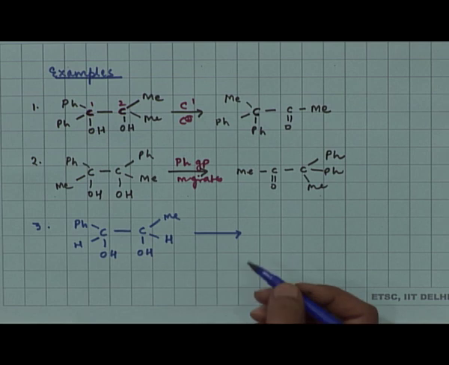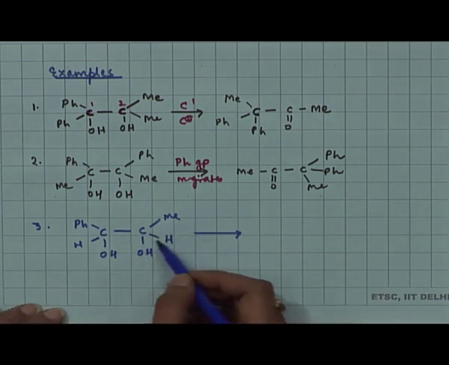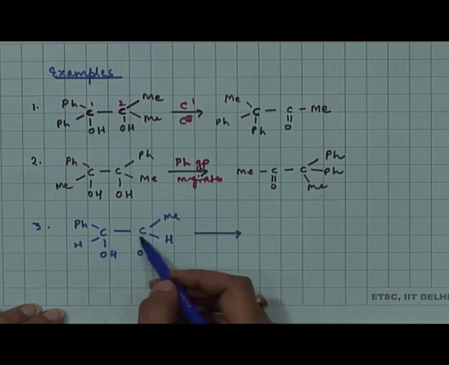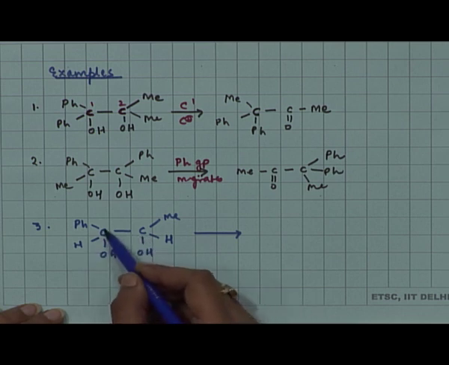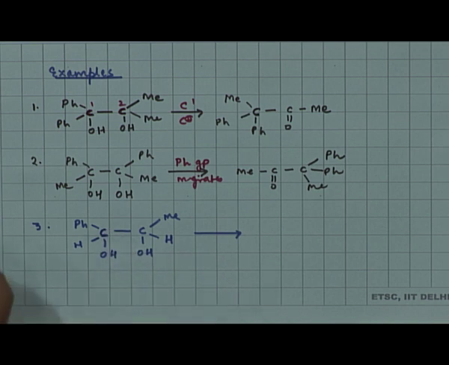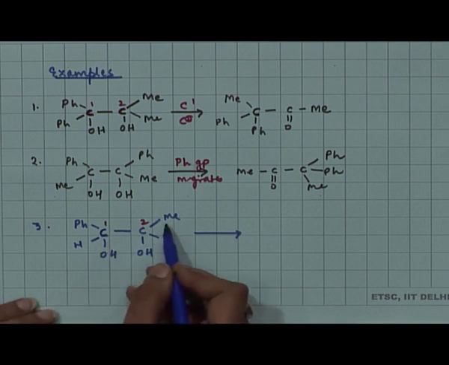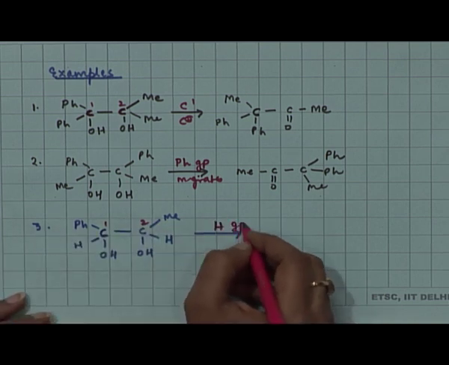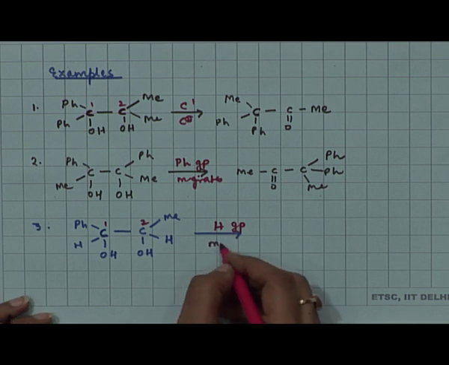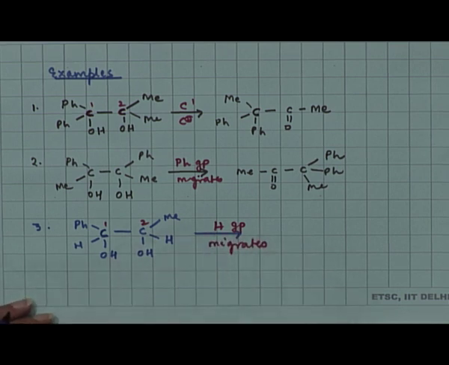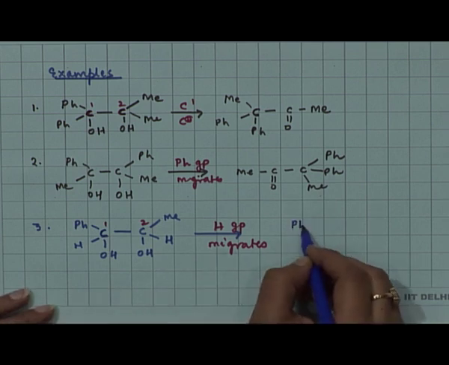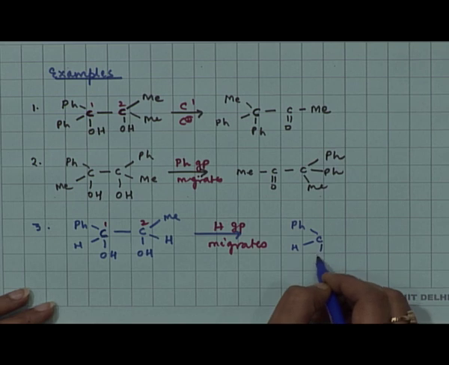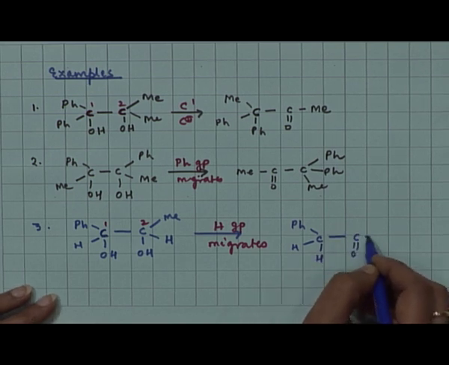In case number 3, again it is not a symmetrical system, so you have the probability of generating two different carbocations. We think that carbon 1, which bears the phenyl group, is the one which is going to form the carbocation. If it forms the carbocation, then there is going to be a migration of either the methyl or the hydrogen, and we have seen that the migratory aptitude of hydrogen is the maximum. So, this hydride migrates and the product which you get will be this.